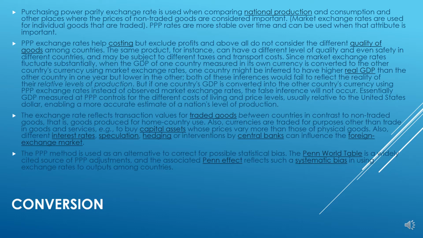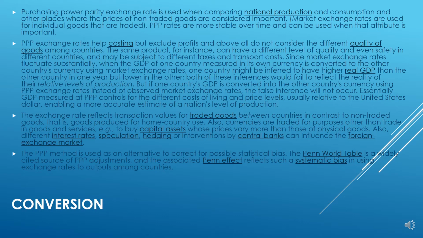Since market exchange rates fluctuate substantially, when the GDP of one country measured in its own currency is converted to the other country's currency using market exchange rates, one country might be inferred to have higher real GDP than the other country in one year but lower in the other.